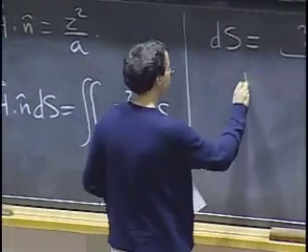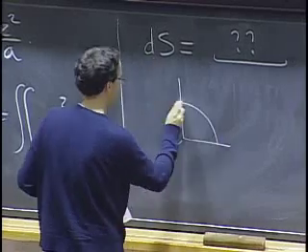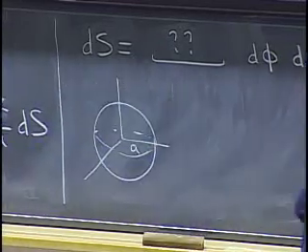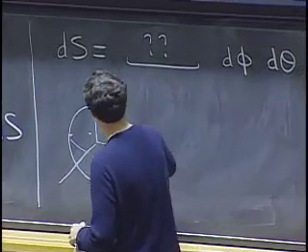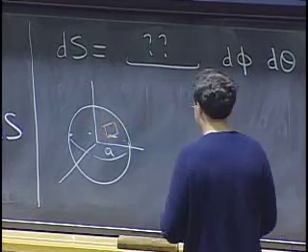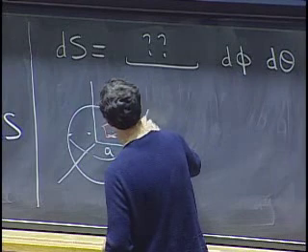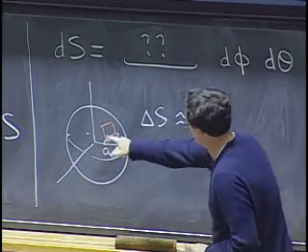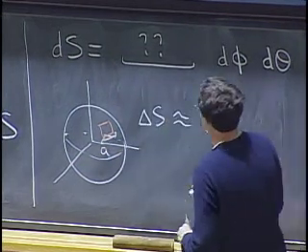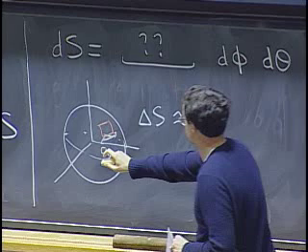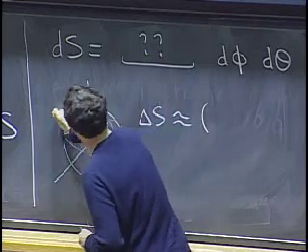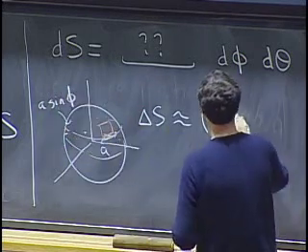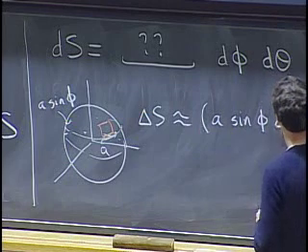Last time, we saw that if I have a sphere of radius a, and I take a little piece of it that corresponds to small changes in phi and theta, then we argued that this side here, the one that's going east-west, was a piece of a circle of radius a sine phi, because that's r. So that side is a sine phi delta theta.